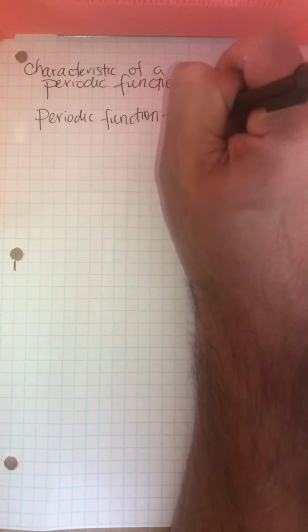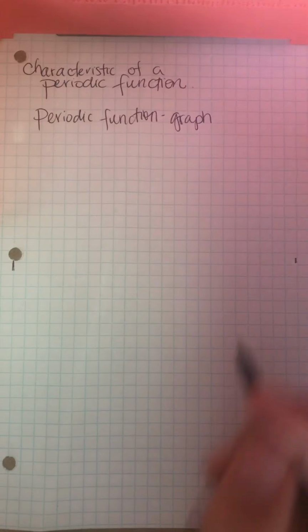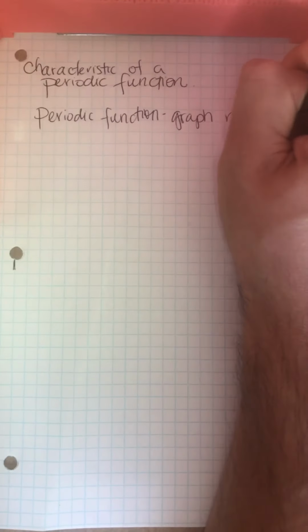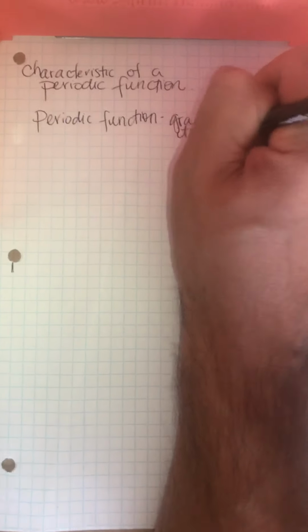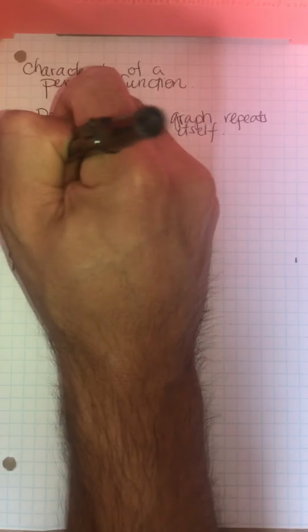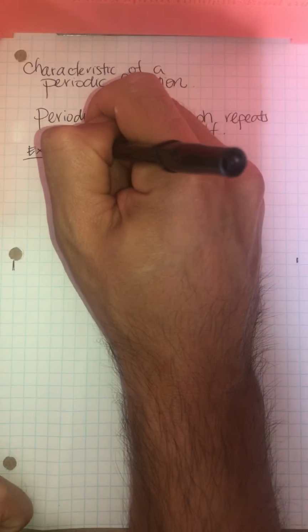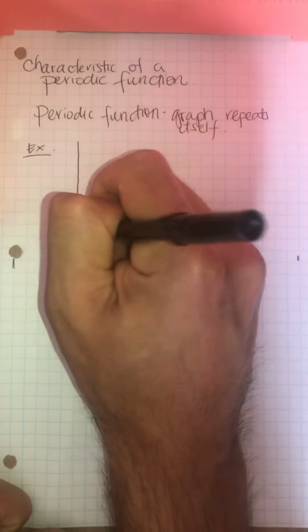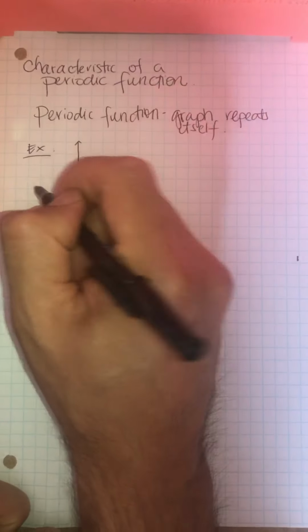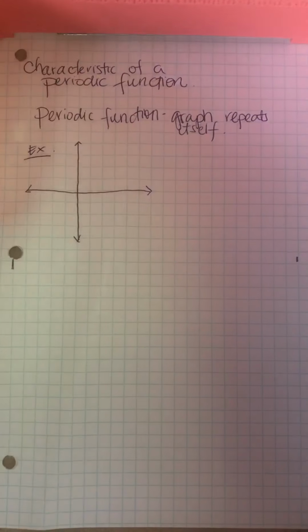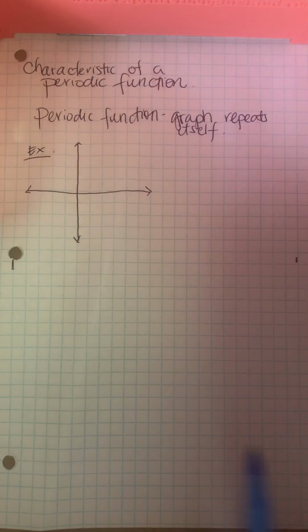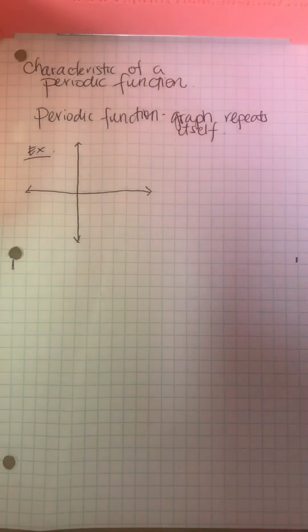The graph repeats itself. For example, you guys, let's say we have a Cartesian plane. A periodic function, you guys, is one that just repeats itself over and over and over again.